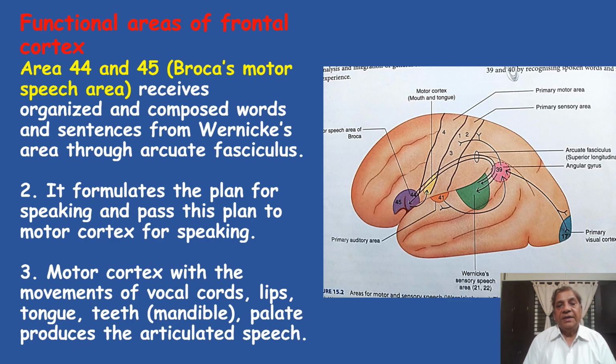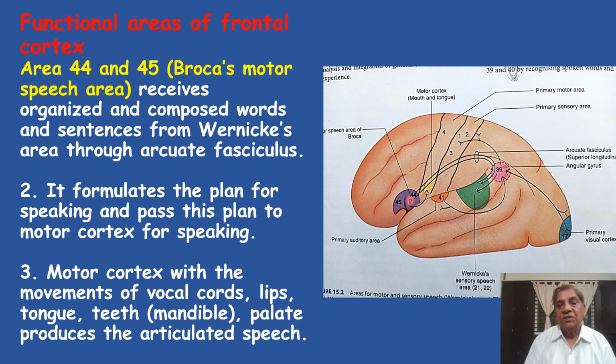Okay, let's come to another important area which is located in the inferior frontal gyrus. Here, see here, this is Broca's area of the motor speech, because the sensory speech I have already taken in the last video, that is Wernicke's area of the sensory speech, which is here.